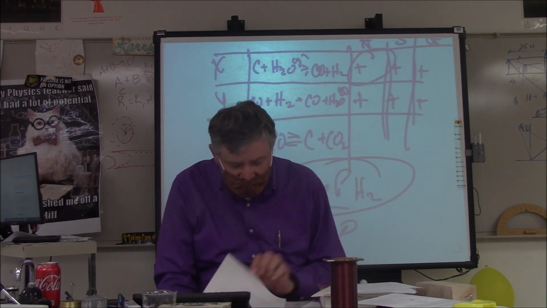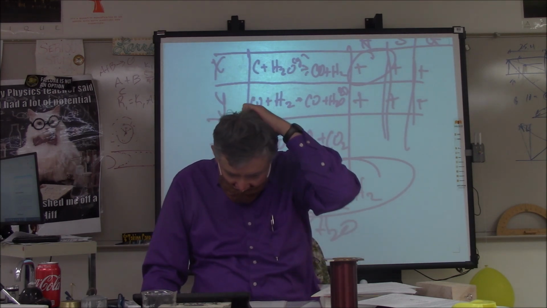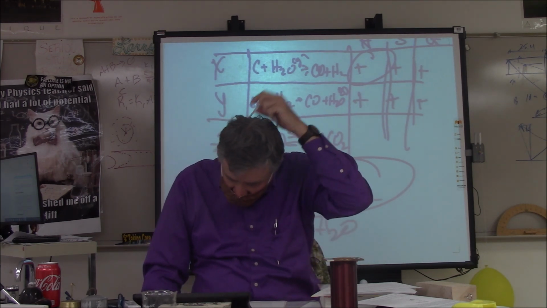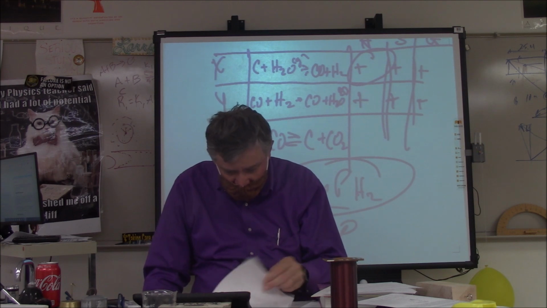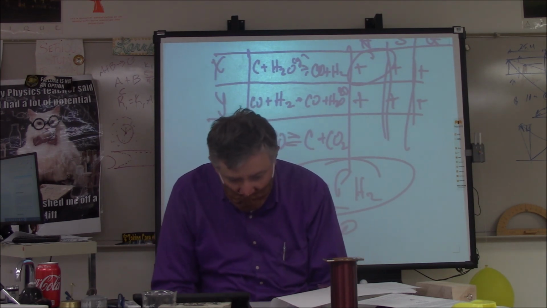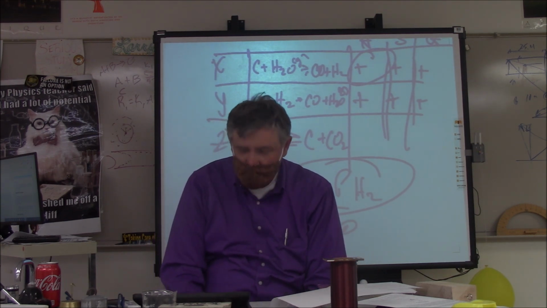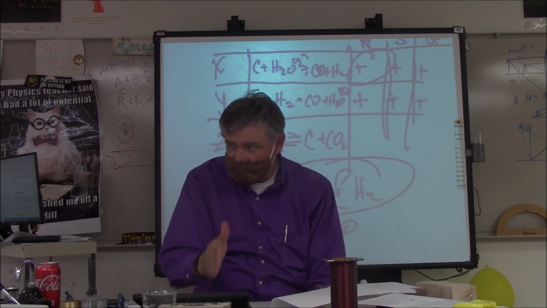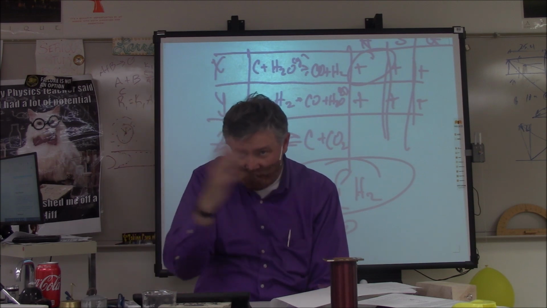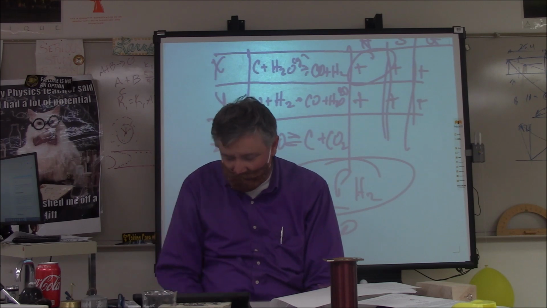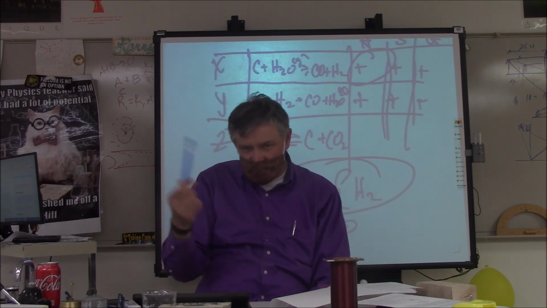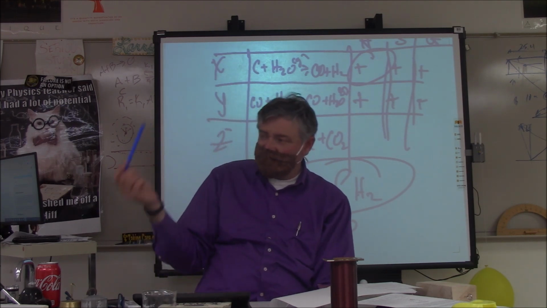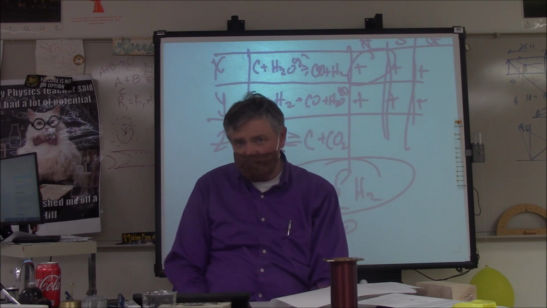Now, on part C, it says, for reaction Y is the value of Kp greater than, less than, or equal to 1? Justify your answer. So here's the deal. Look at your delta G, and this is where this whole thing becomes a big idea. You have a positive delta G, so is the reaction spontaneous in the forward direction?